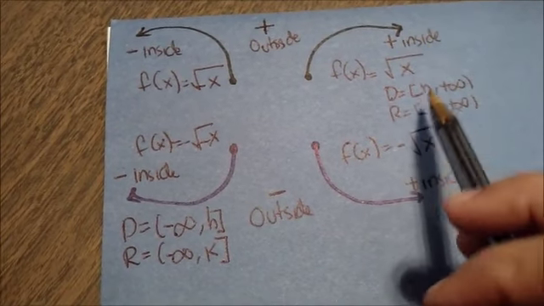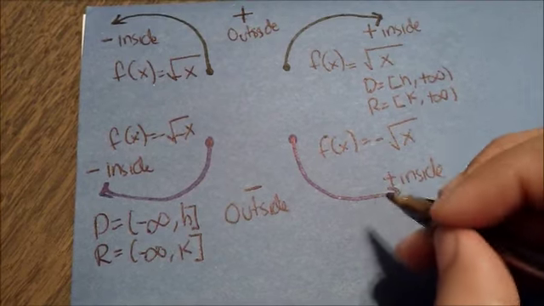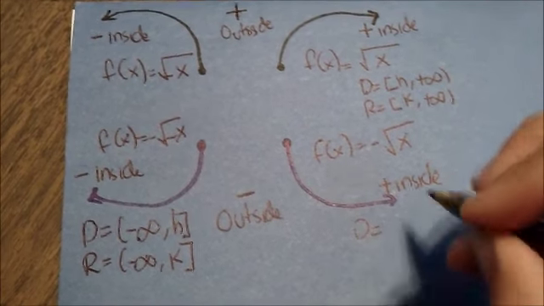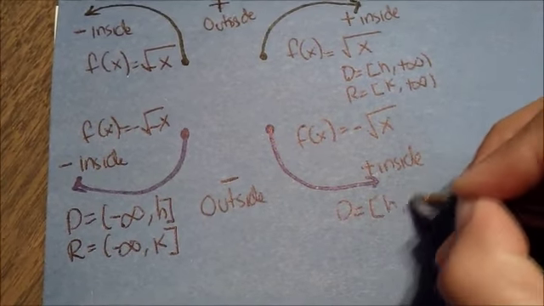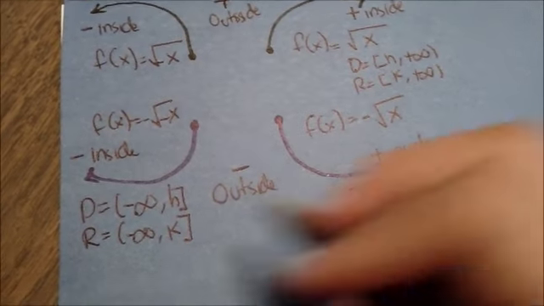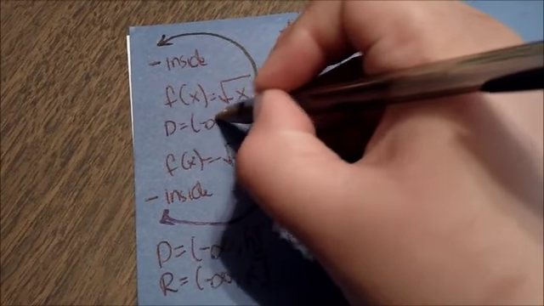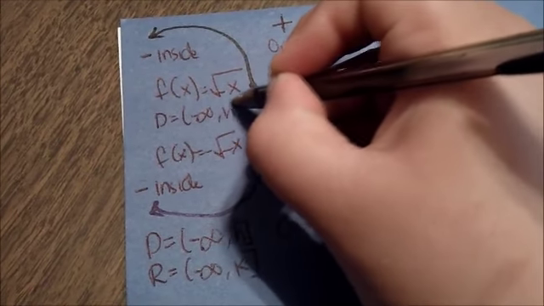We move to the positive side, so it's domain equals h comma positive infinite. So this one is like this one. Domain is going to be from negative infinite comma h.